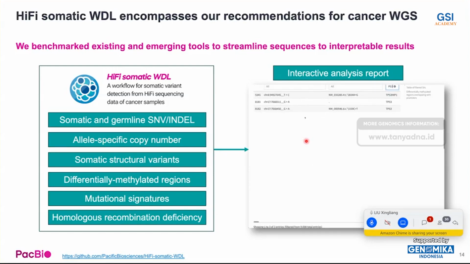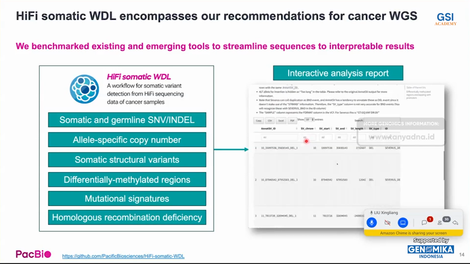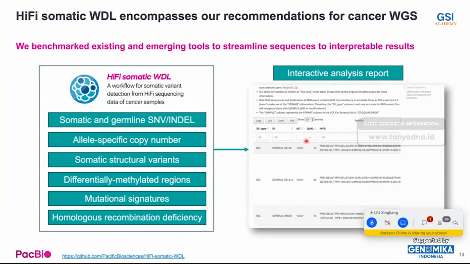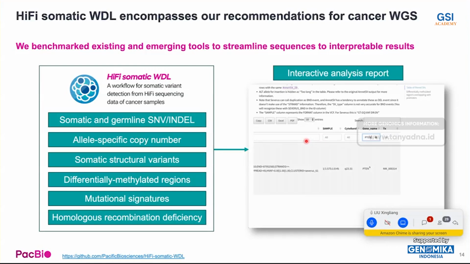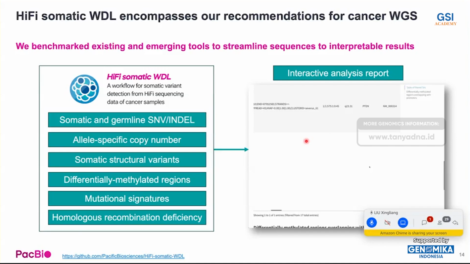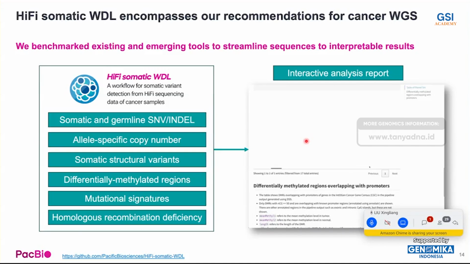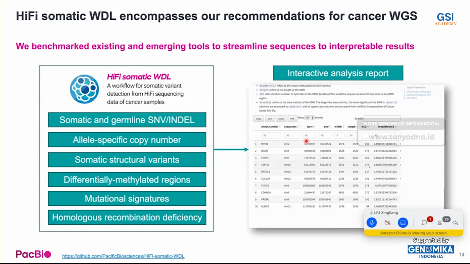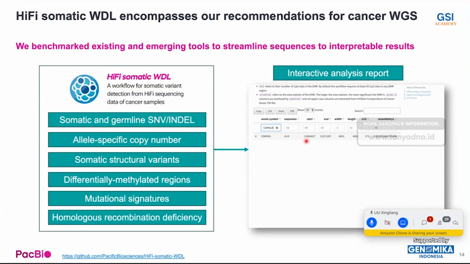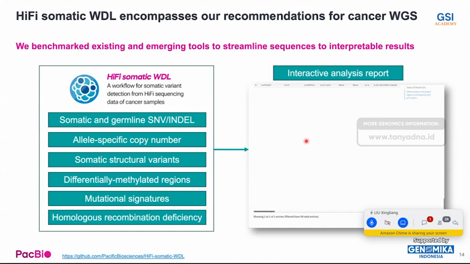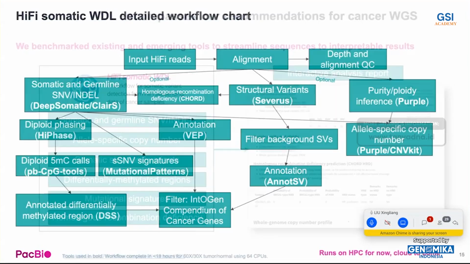After that, you can narrow down to the variants you are interested in by searching the names or gene names, as well as genomic regions like introns, promoters, and so on.